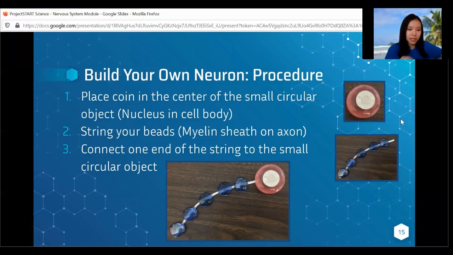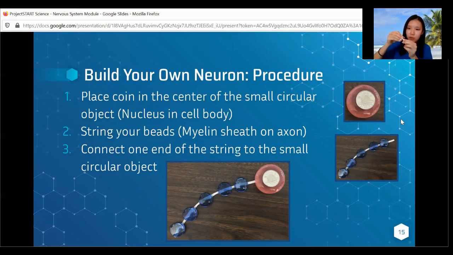Then you're going to take your string, which represents your axon, the component that transmits signals across the neuron. And you're going to string your beads on it. These beads represent your myelin sheaths, making transmission more effective and efficient.